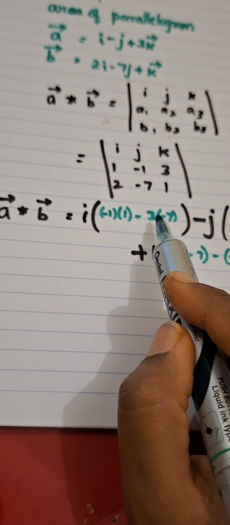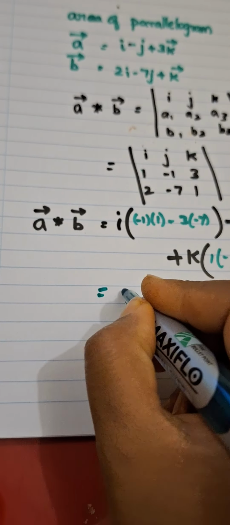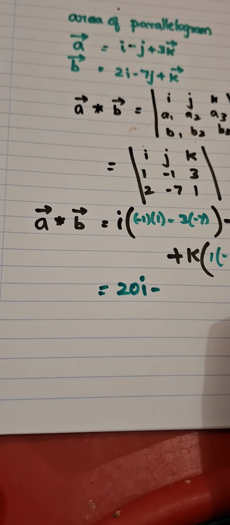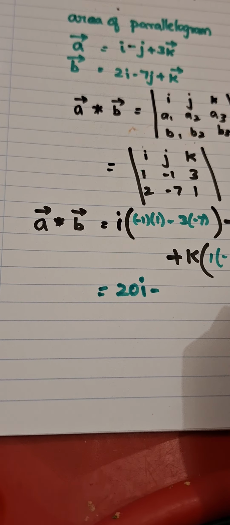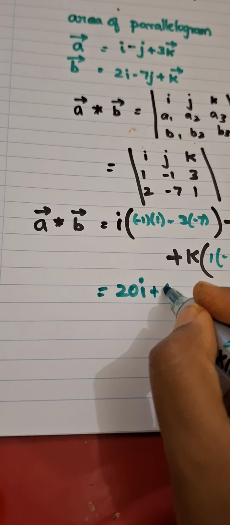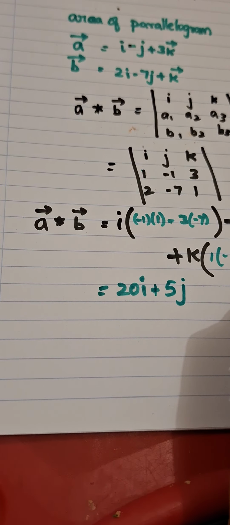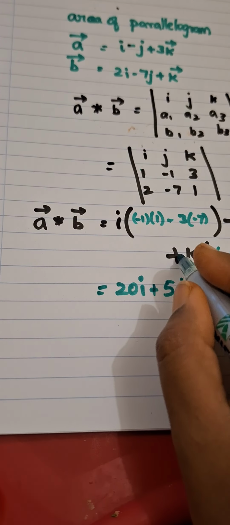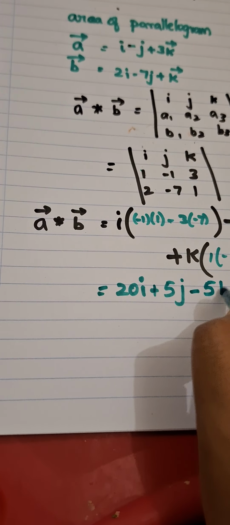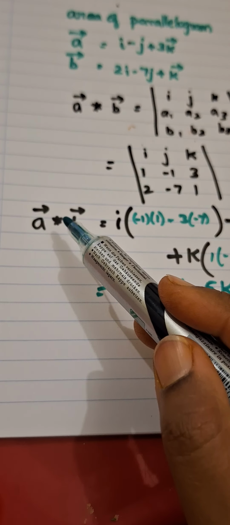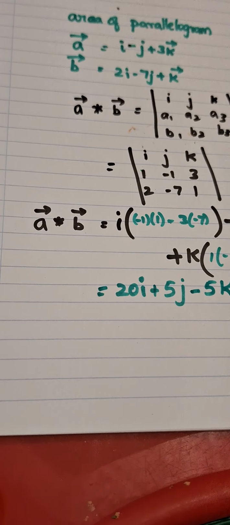So we are left with 20i. Then minus of 1 into 1 is 1, minus 3 into 2 is 6; 1 minus 6 is minus 5. Minus into minus is plus, so plus 5j. Then minus 7 plus 2 means minus 5, so minus 5k. So the determinant is this.